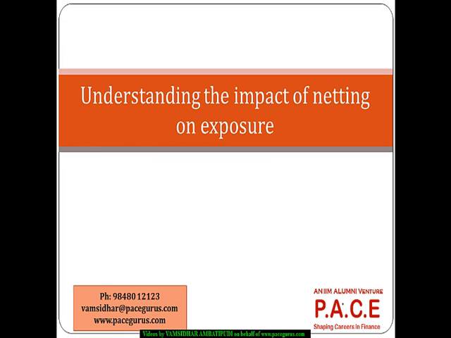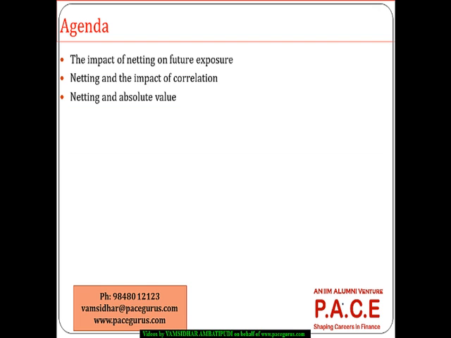Now let's try to understand the impact of netting on the exposure. We know for different kinds of financial instruments, different kinds of exposure calculation mechanisms are there. So now I want to see, in quite a good number of OTC derivative contracts and with different kinds of counterparties, netting is a very common phenomenon.